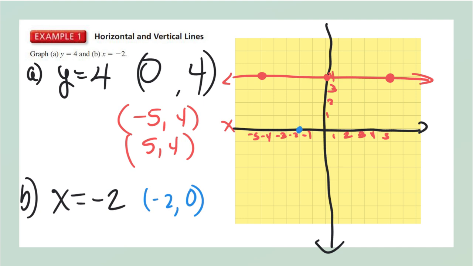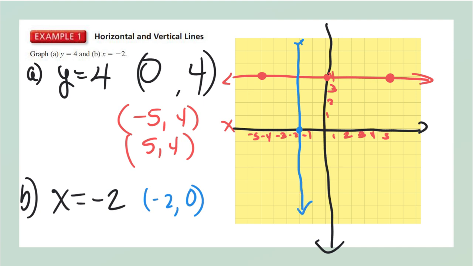Here, correct? How is my line going to be, horizontal or vertical? Vertical. My line is going to be vertical.